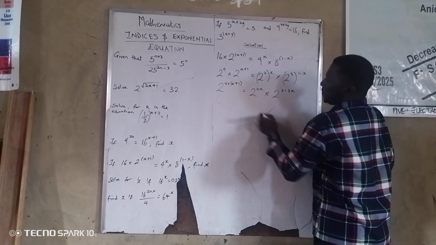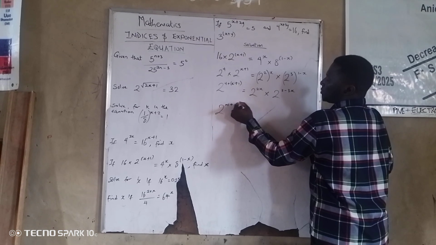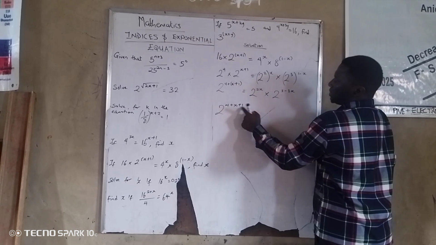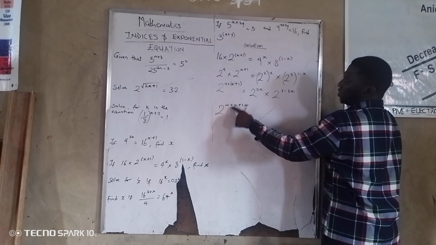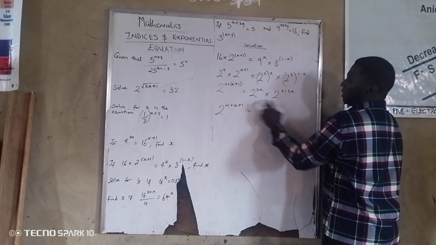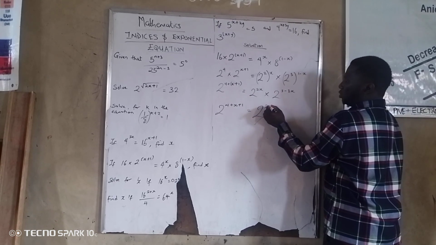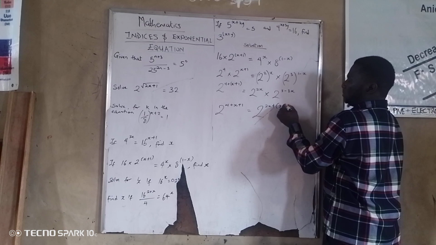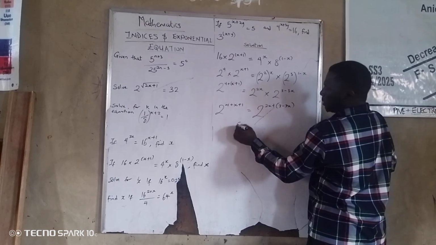So we have 2 raised to power 4 plus x plus 1. When you add all this, 4 plus x plus 1, you open the bracket, it is still x plus 1. Since it is positive, the positive will just be exactly the same thing, positive 1. So the bases are the same, so you bring one of the base and add the powers: 2x plus 3 minus 3x. Alright, so here we can equate the base.